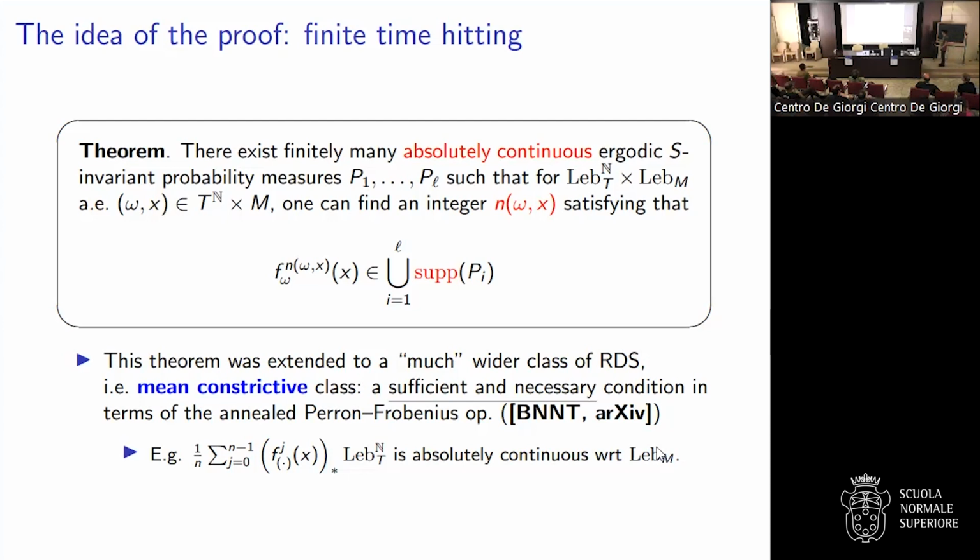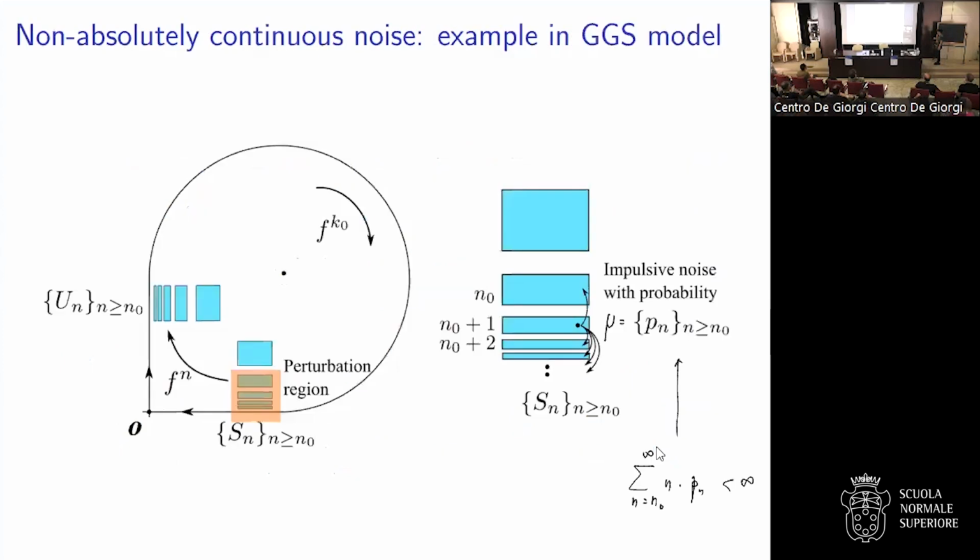It's the so-called maximal support property in ergodic theory. We actually obtained an equivalent condition for this nice property in terms of the annealed operator, so you can generalize Araujo's result further.